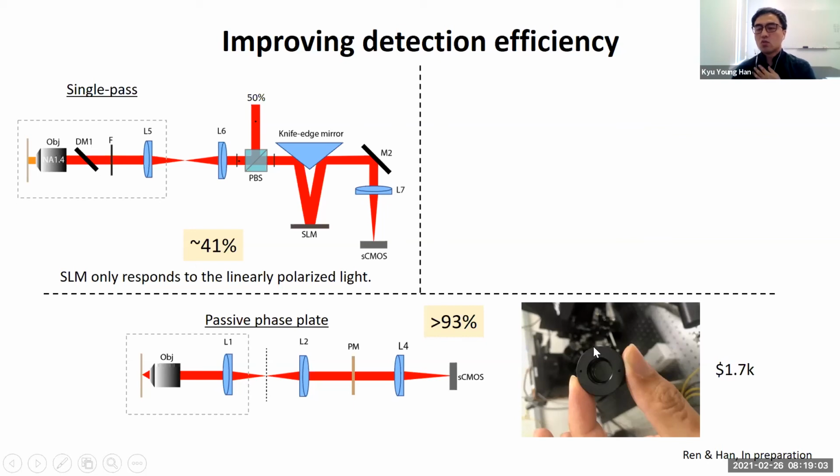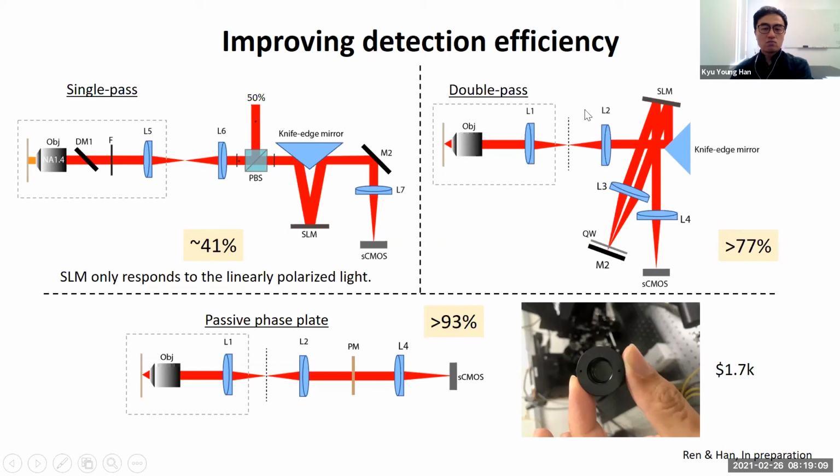Also, it's almost impossible to correct the aberration. Currently, we are conducting more experiments with a double-pass configuration, meaning we are cycling the fluorescent emission light to the SLM twice, and then we were able to get more than 75% detection efficiency.